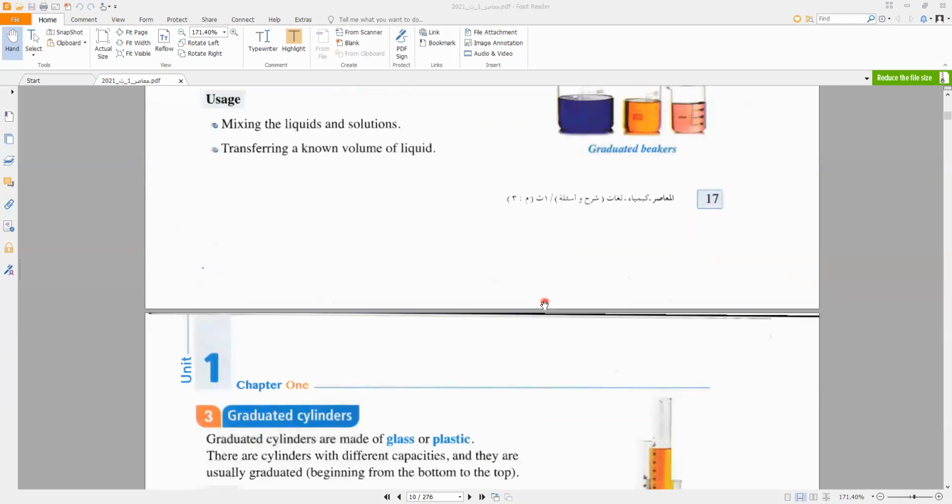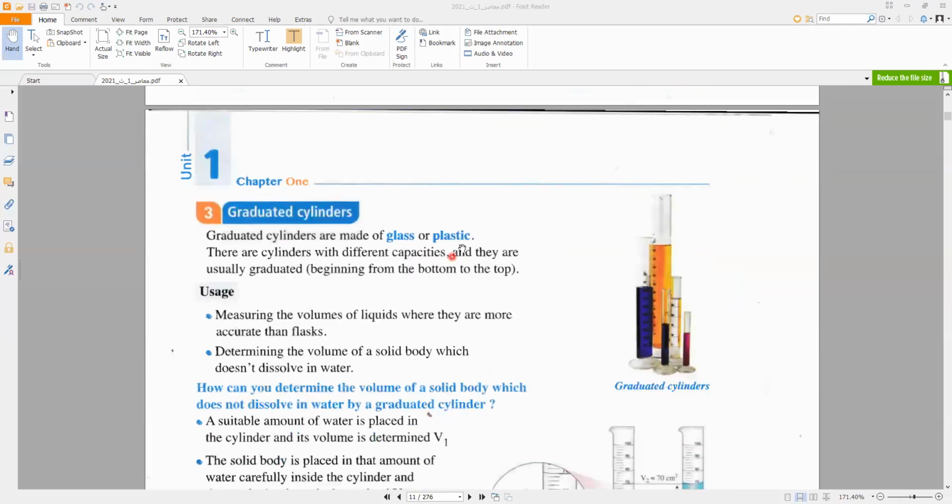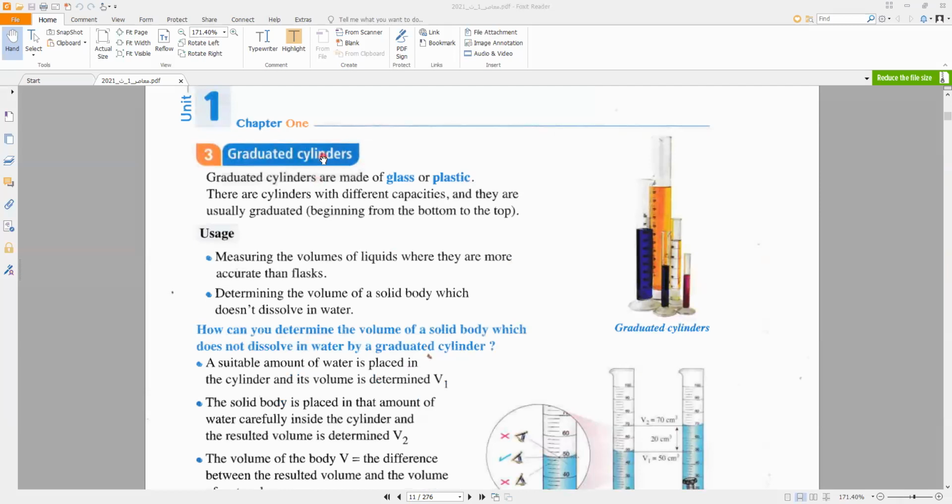Number three, graduated cylinder. The graduated cylinder is made of glass or plastic, with different capacities, usually graduated from down to up.